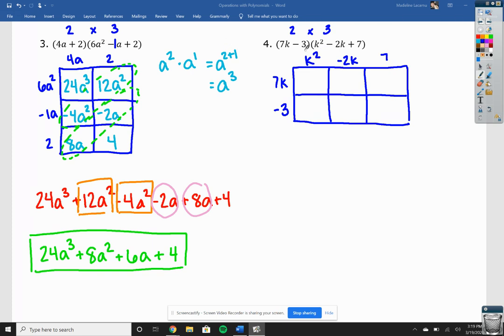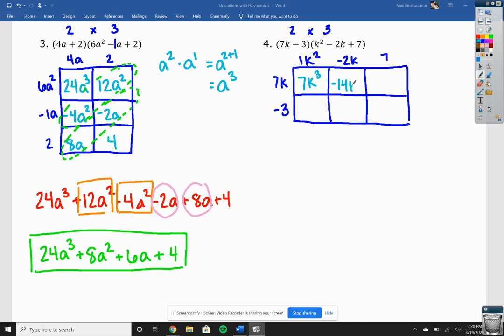There's no number in front of this k, so remember that means it's a 1. So 7 times 1 is 7. K times k squared is k to the third, because that's what we just did over here. 7k times negative 2k. So 7 times negative 2 is negative 14.